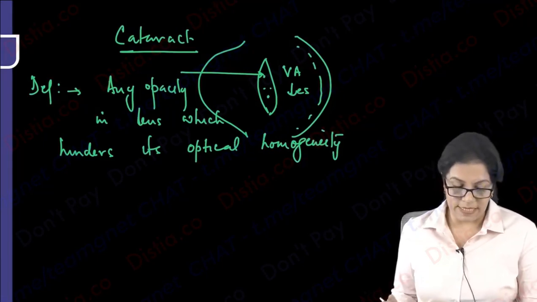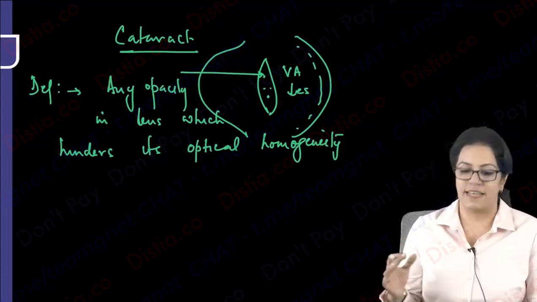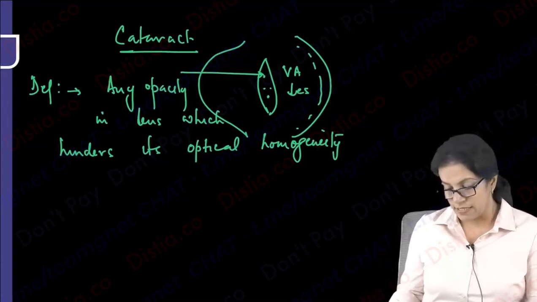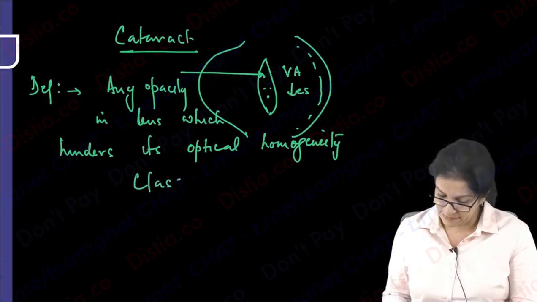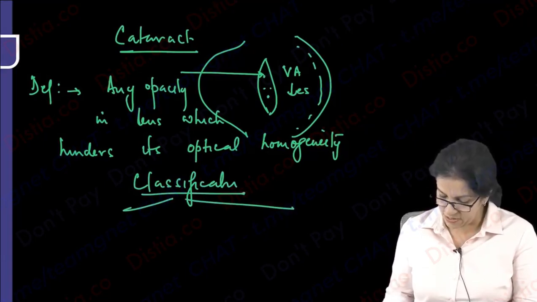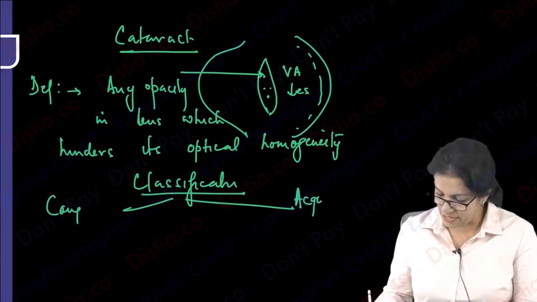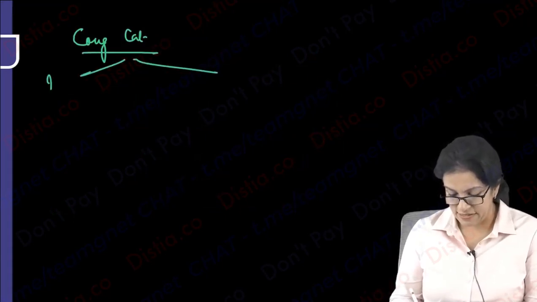Okay, so any opacity which hinders its optical homogeneity is cataract. Now, classification. Next heading is classification. You can divide this cataract as congenital or acquired, right? Congenital or acquired. Now, further congenital cataract, we can further divide as either infantile.